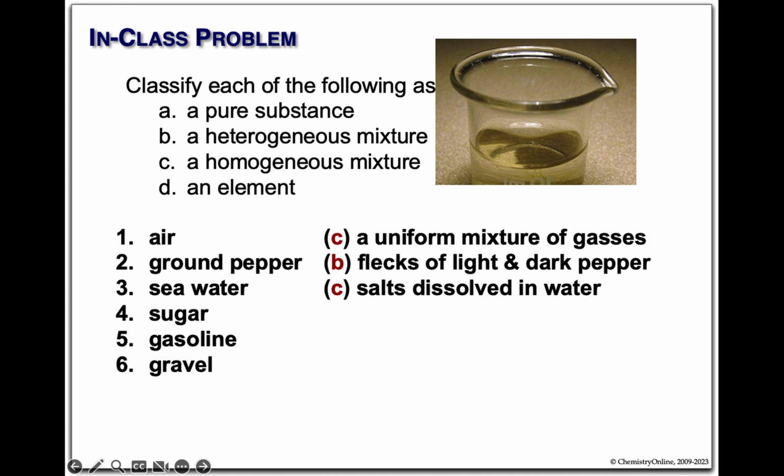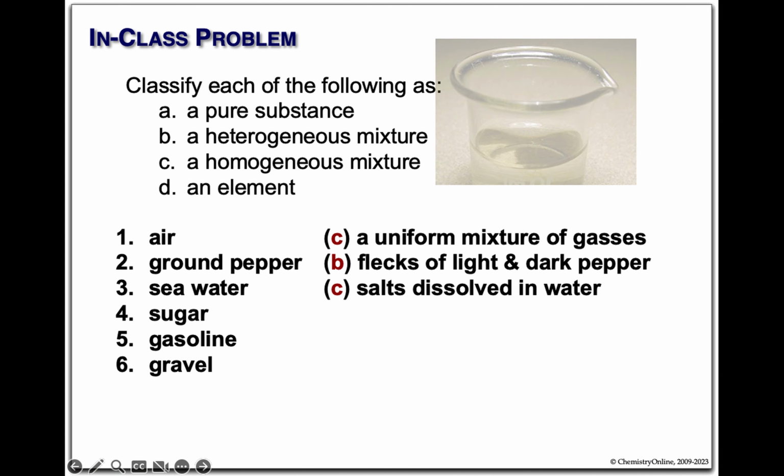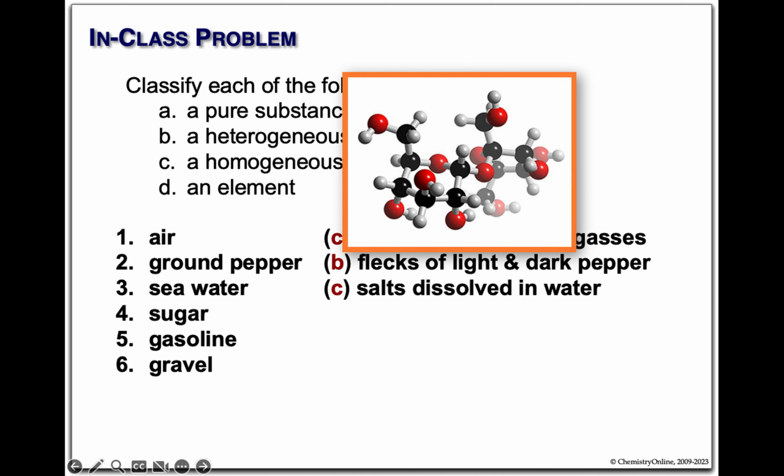Sugar, ever thought about sugar? Table sugar looks like this. This is a molecular model. On Wednesday, we're going to build a couple of these in lab. The blacks here represent carbon atoms. The reds are oxygens, and the whites and grays are hydrogen.